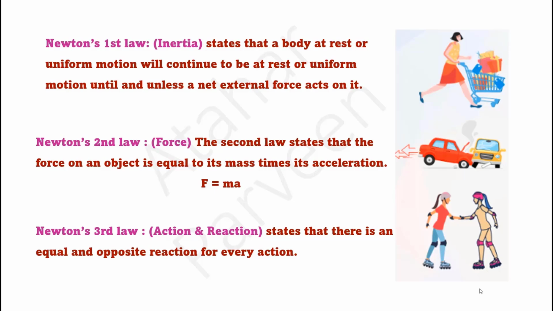Now, the faster the red car was, the more impact will be put on the yellow car, so much force will be applied on it. If the acceleration or the velocity of the car is higher, then more damage will be caused to the yellow car.